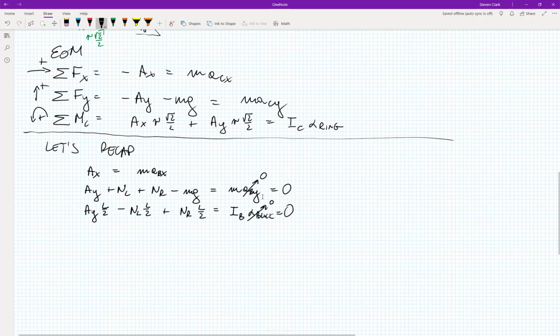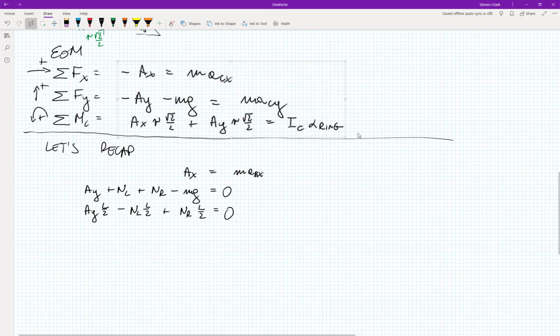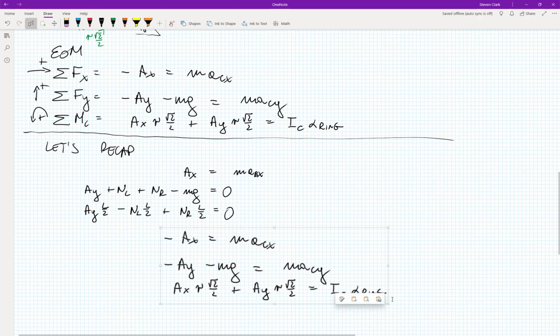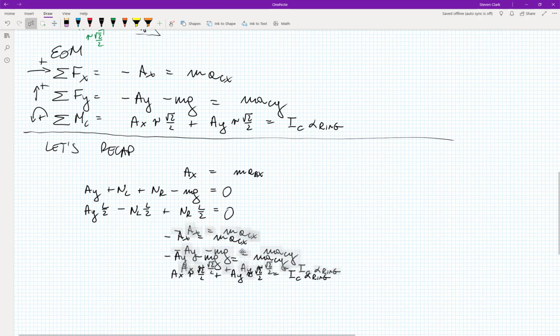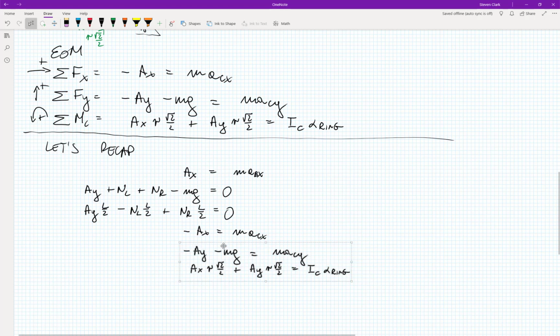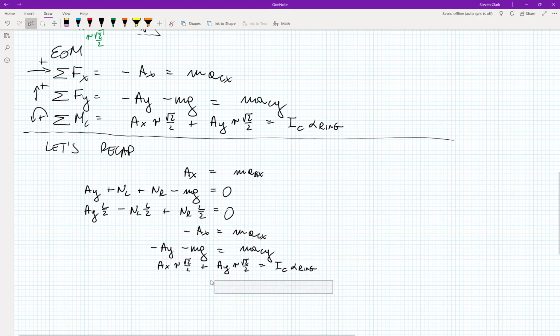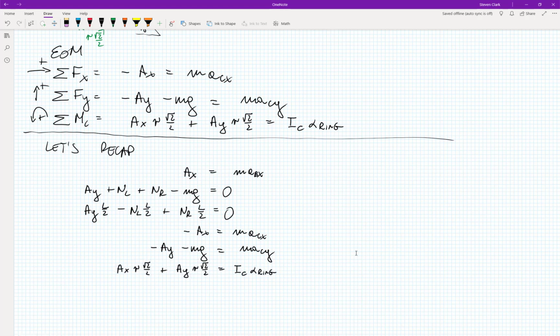I will be copying a couple of times today, so don't get angry at me, okay? I have these three equations and then the other three equations. So definitely we have six equations.